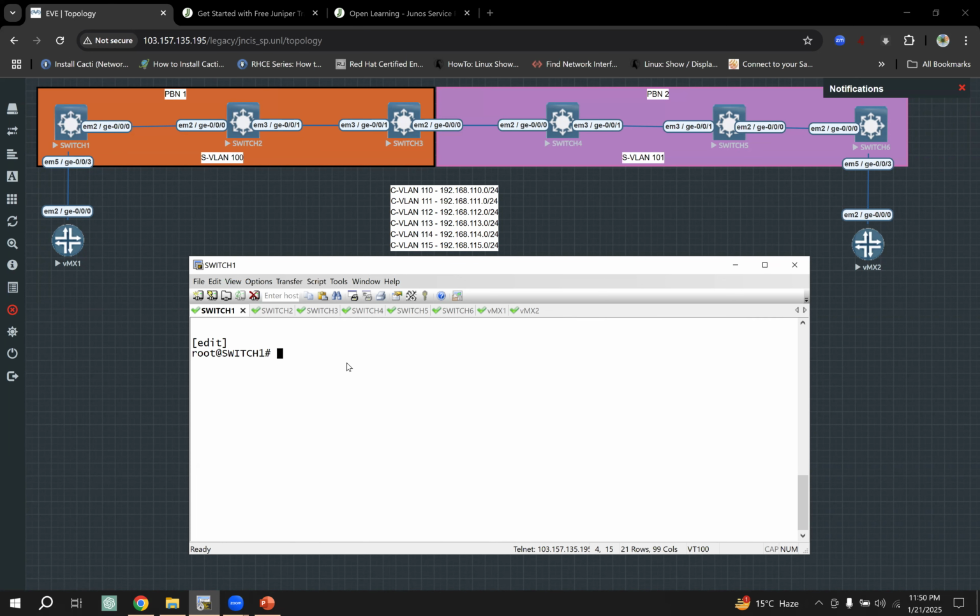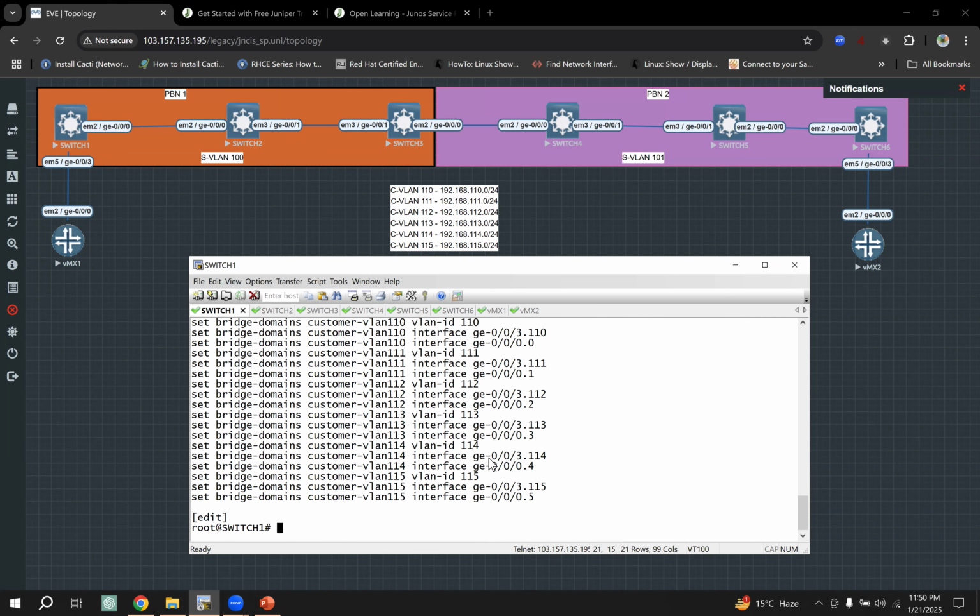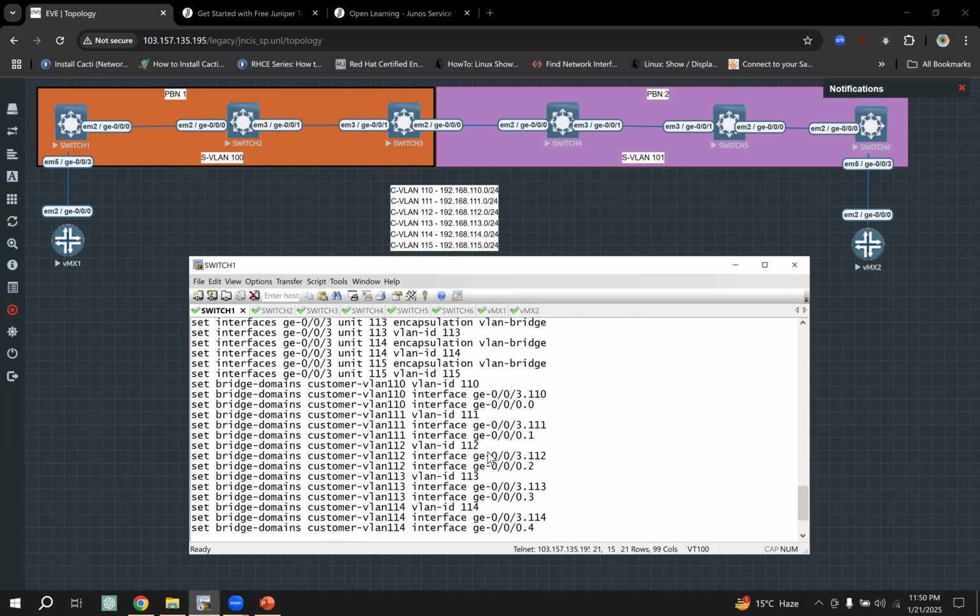In that case, we need to configure multiple things. Step one. Consider here the C VLAN is 110 to 115, so you need to create 6 C VLANs. How to create? Set bridge domain. The bridge domain name for VLAN ID 100 is this.